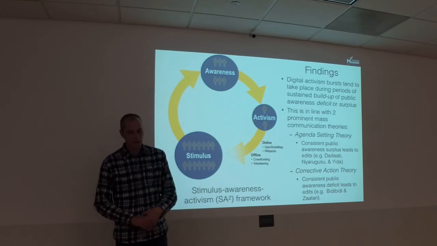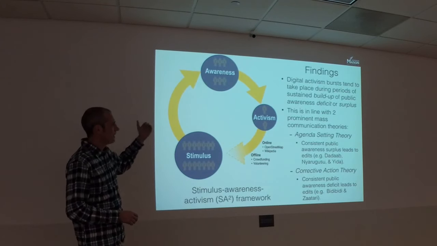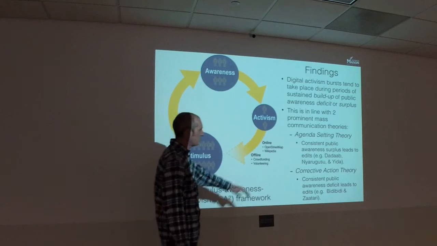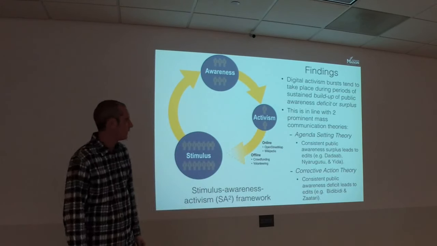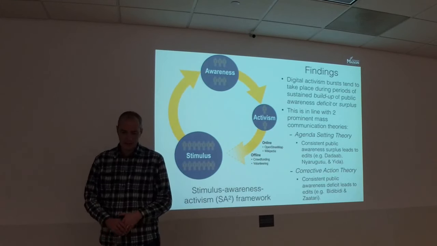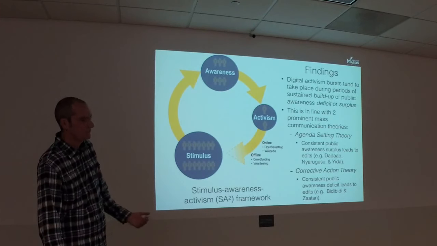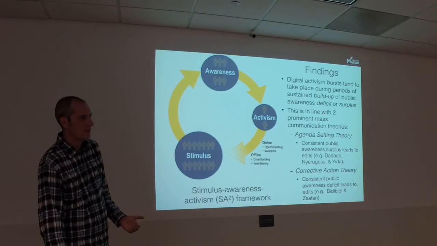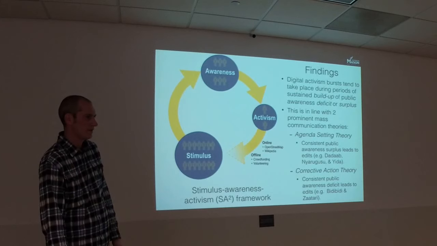You need to understand what stimulates someone, what causes critical awareness, and is it because there's a lack of awareness or too much awareness that causes people to activate? And how can you spawn that, say, with crowdfunding campaigns and things like that? So I still don't really understand why people are doing this, but people are editing, and it's not always related to events happening, which I thought was quite strange.